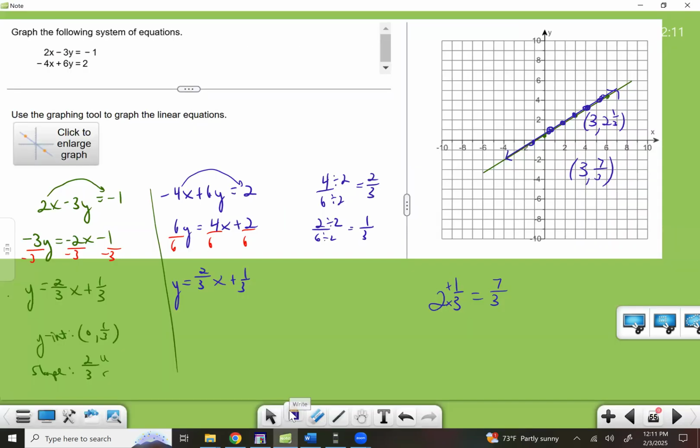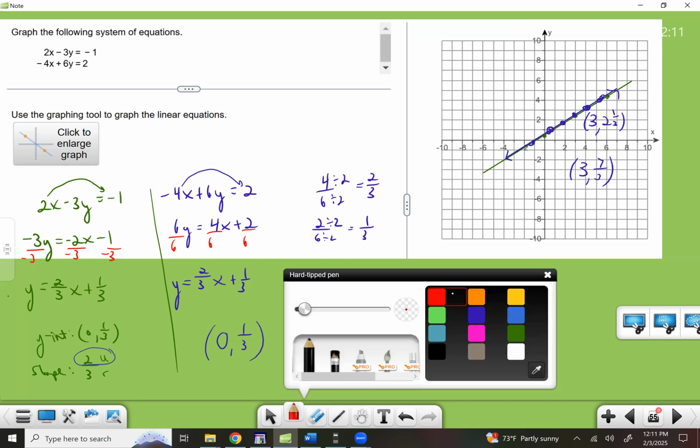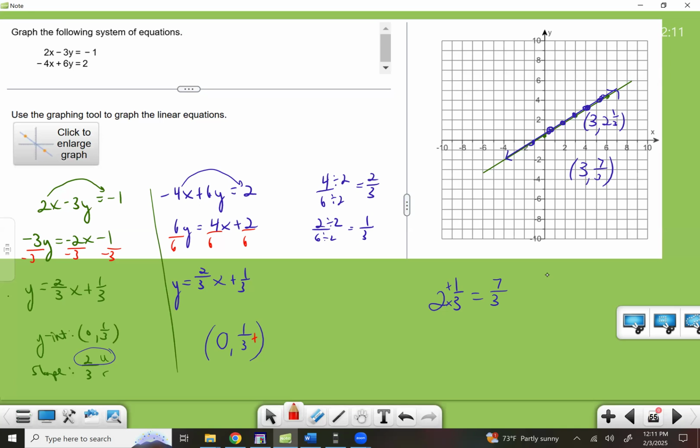So it was a little bit tricky to get MyLab Math to graph this because of the fractions. So keep in mind, if you're at 0, 1/3, right? And you know that you're going to go up 2. Well, that's going to affect the y value going up. So we're going to add 2 there. And then you go to the right 3. Well, that's going to add 3 to the x value.